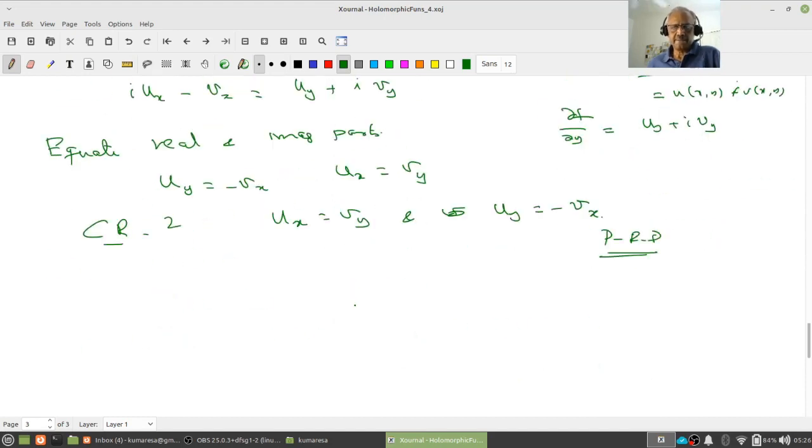Yeah, okay. Now as I said, many of you might have seen the earlier notation. Let me do that. f of z plus h, let us assume h is real, minus f of z, by h.